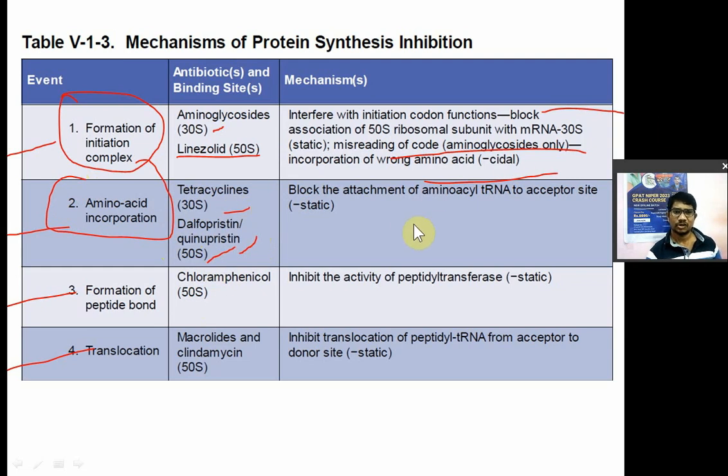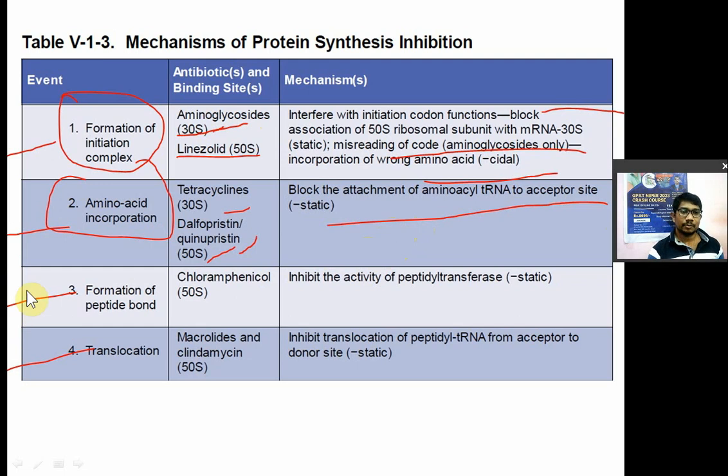They block the attachment of amino acyl tRNA to the acceptor site, and that is a static action. So they are bacteriostatic. Tetracycline is bacteriostatic, not bactericidal. But aminoglycoside is both bacteriostatic and bactericidal, right?